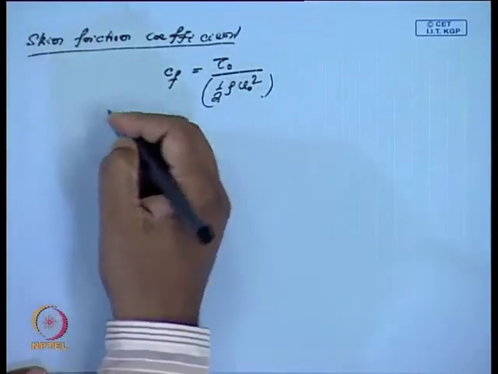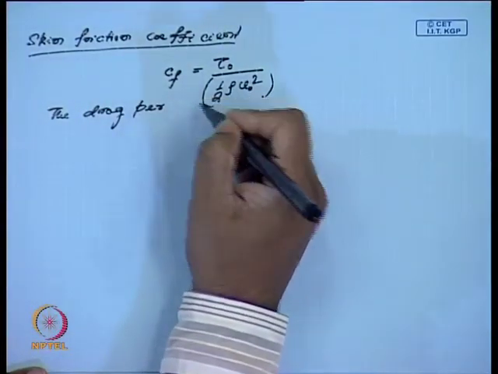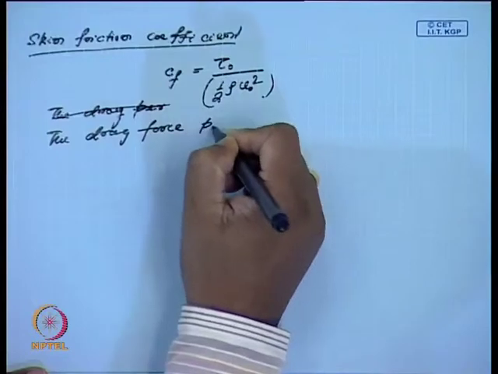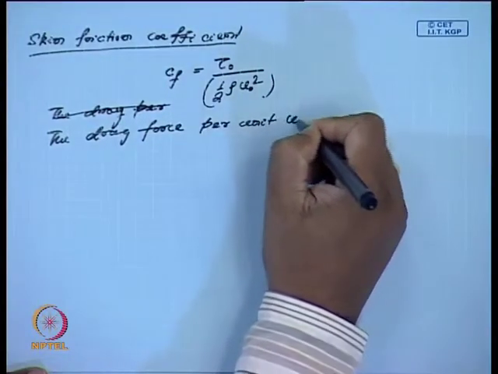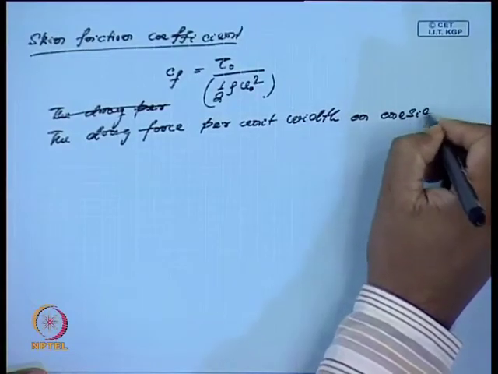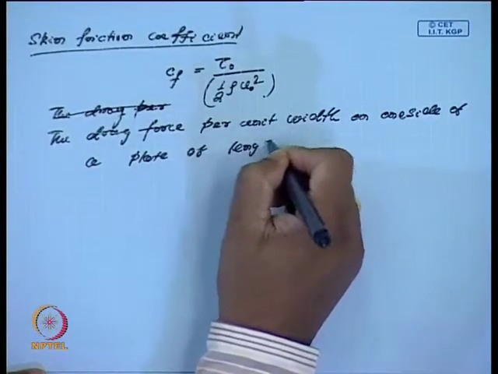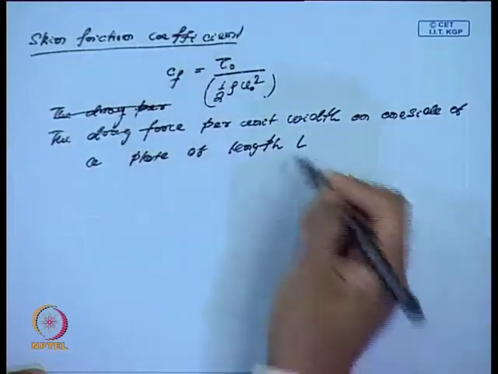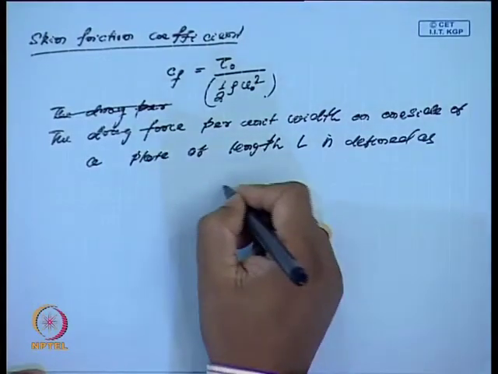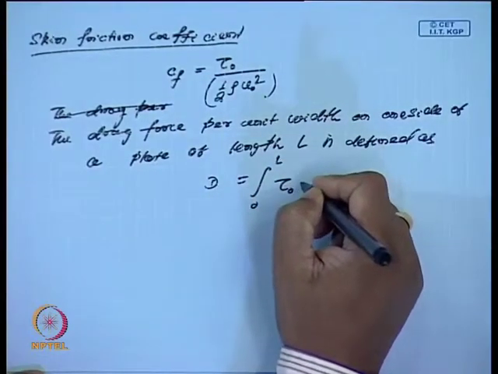And then we will define the drag per unit width. The drag, basically called the drag force per unit width on one side of a plate of length L, is defined as D equal to integral from 0 to L of tau naught x dx.